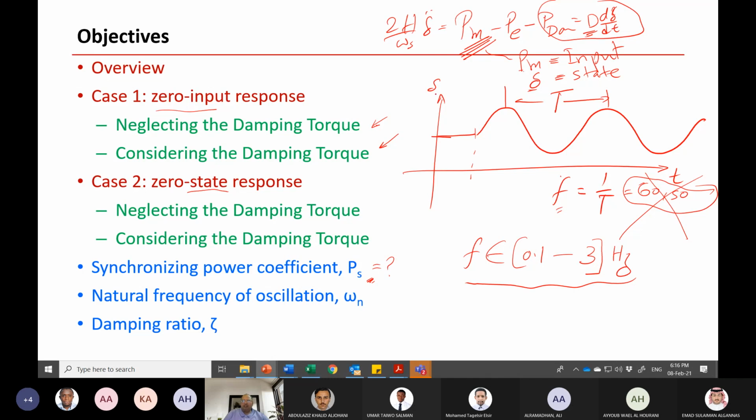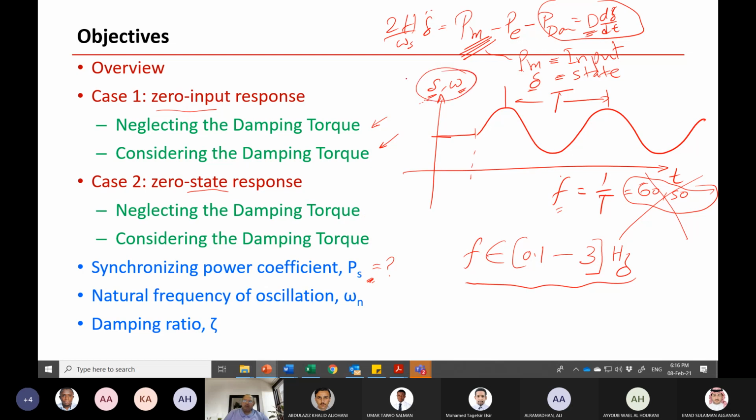This is delta and also omega. The rotor angle and the rotor speed are mechanical quantities, not electrical quantities. You cannot say the frequency of oscillation of delta is 60 hertz or 50 hertz, and also the speed.